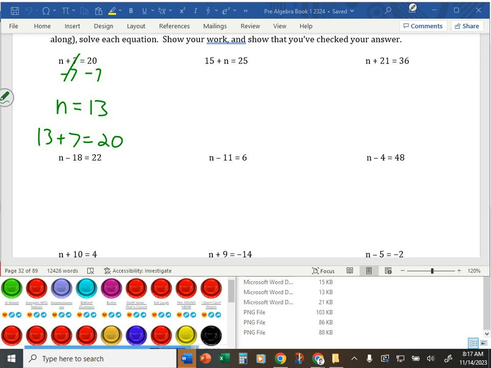No. It might be different than how you're used to solving an equation, but please trust me that when we get to moving terms around from one side of the equation to the other, when we get to equations that you just can't do in your head, you're going to need a process. Guess and check is not going to be the most efficient way. For this one, yes, you can just do the 20s. By the end of the year, you're going to be doing things that are like this.